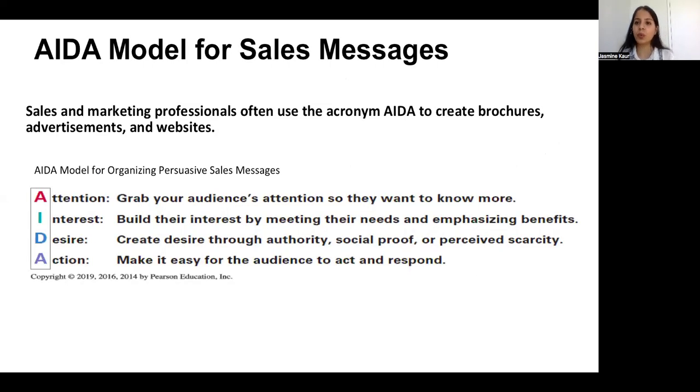So a very similar model is utilized in sales messages, which is AIDA: attention, interest, desire, and action. So usually it is very similar to what we discussed in the previous slide.